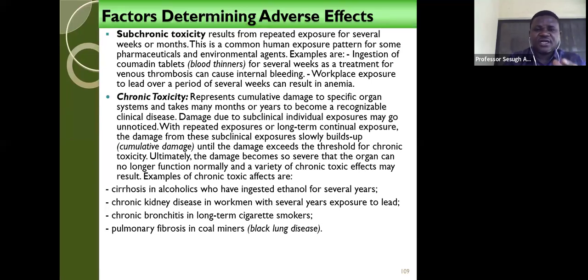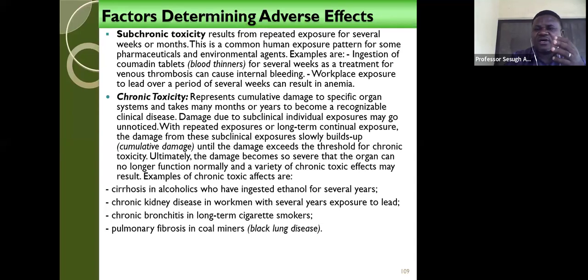Then the other definitions are there. Subchronic toxicity is repeated exposure. It results from repeated exposure for several weeks or months. This is a common human exposure pattern for some pharmaceuticals.